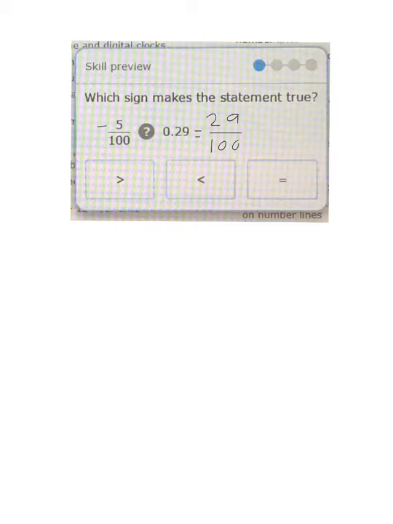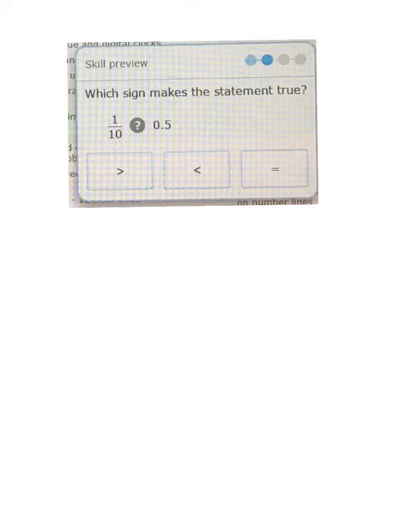Or you could say 5 hundredths is the same as saying 0 and 5 hundredths. Obviously, 29 hundredths is bigger, so we want to have the greater than sign: 5 hundredths is less than 29 hundredths, or 29 hundredths is greater than 5 hundredths.